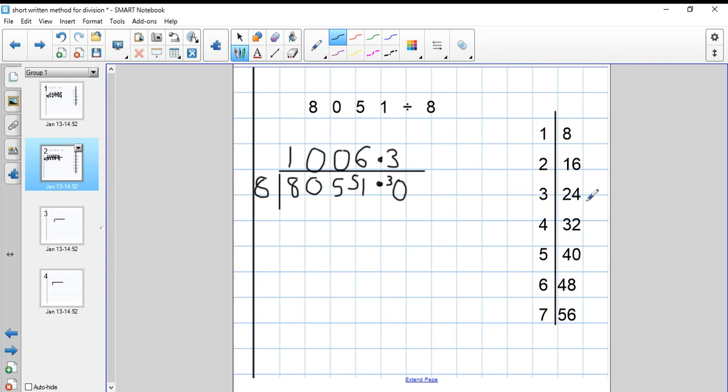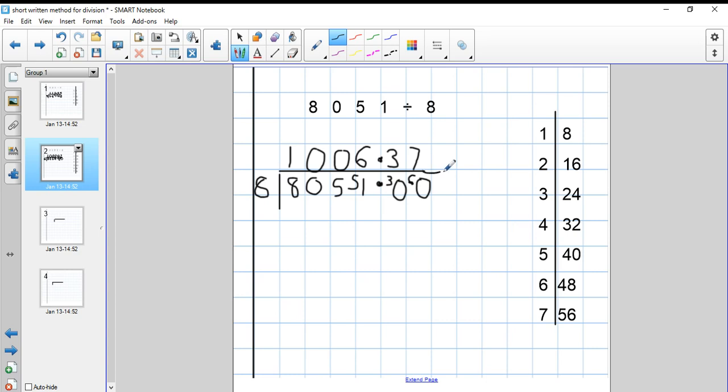So I have a remainder of 6. So how many times, and I put my placeholder 0, how many times does 8 go into 60? Well, I know the answer to that is 7, because 7 times 8 is 56. And I have a remainder of 4.